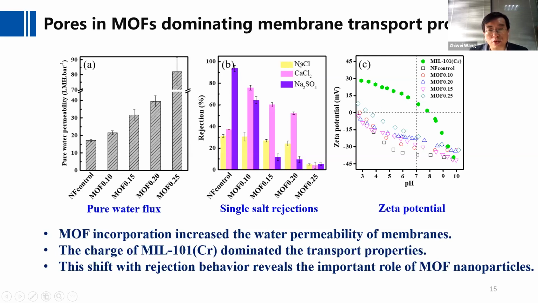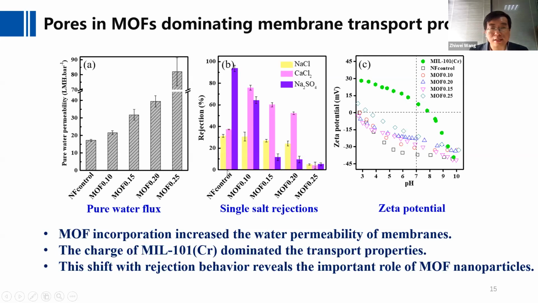However, for the sodium sulfate, it was mainly dependent on the sulfate ion for the rejection ratio. So for the sodium sulfate, due to the inhibition of the repulsion of the polyamide membrane with the negatively charged ion, it shows a decreased trend compared to the control.